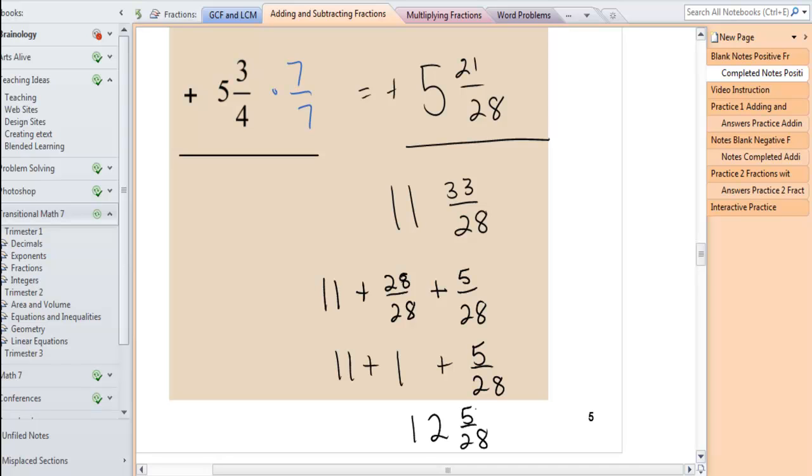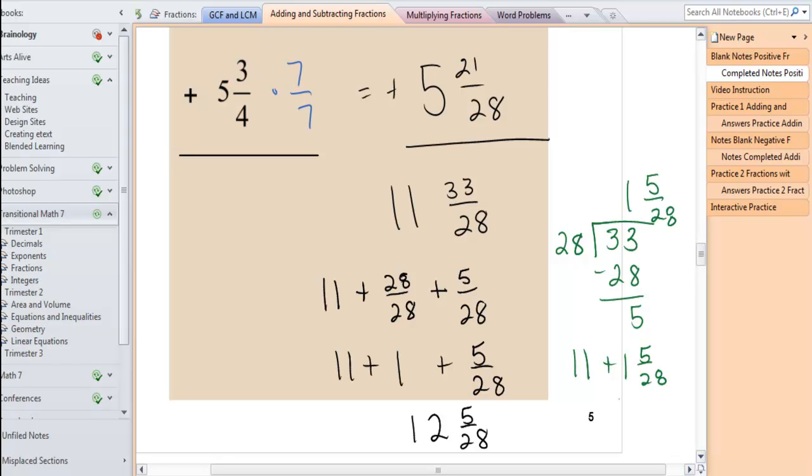And this is where regrouping comes from. This is the basis of regrouping. Of course, the way you probably do it is you divide: 28 goes into 33 once with 5 left over. So what we're doing is we're adding 1 and 5/28 to our 11 to get 12 and 5/28.